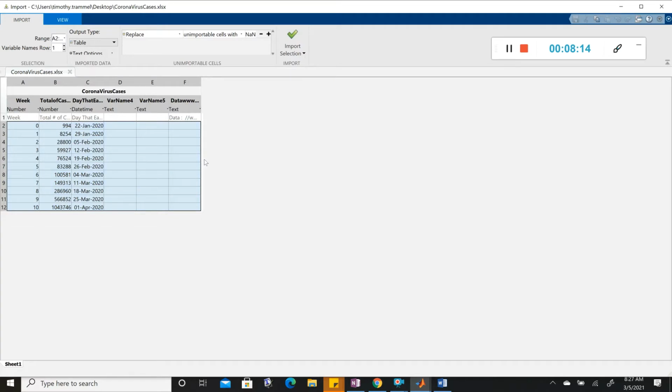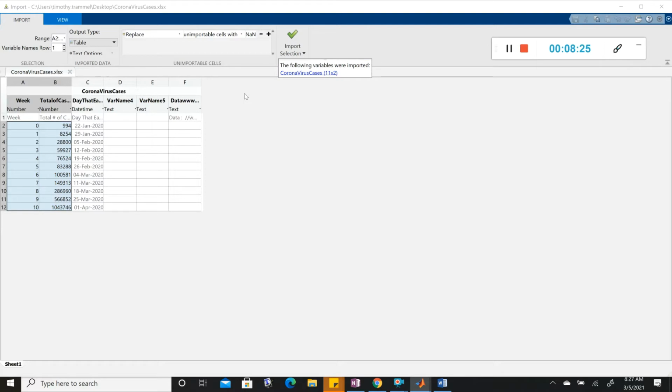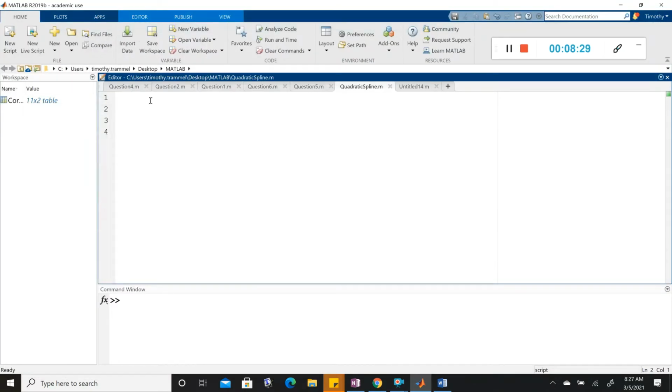This should pop up. I only want to highlight the data, the week number and the total number of cases. Then I'm going to import. We were told it was imported, so I'm going to click this X. We want to convert this from a table to an array.